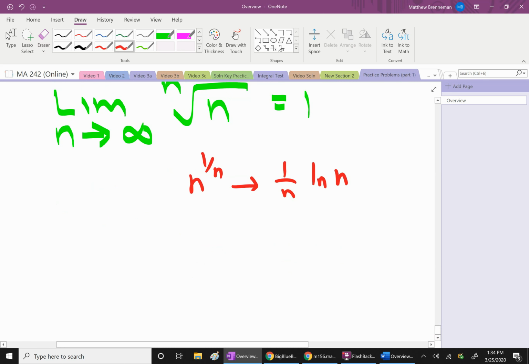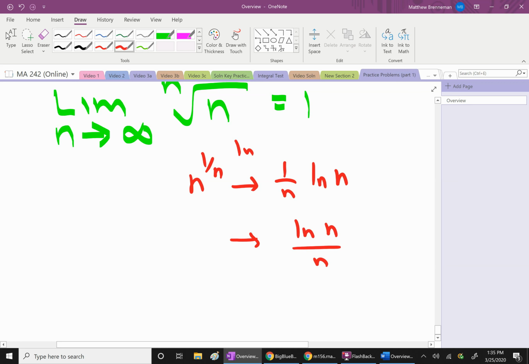And L'Hopital's rule says that I can write this now as natural log of n over n. This is infinity over infinity, so I can use L'Hopital's rule. Everybody's with me? I just took the natural log here. The natural log brings exponents down and multiplies it by the natural log of the base.